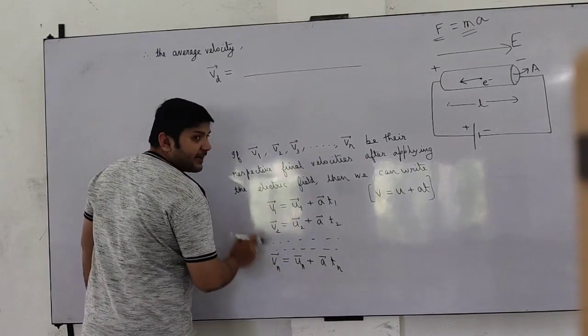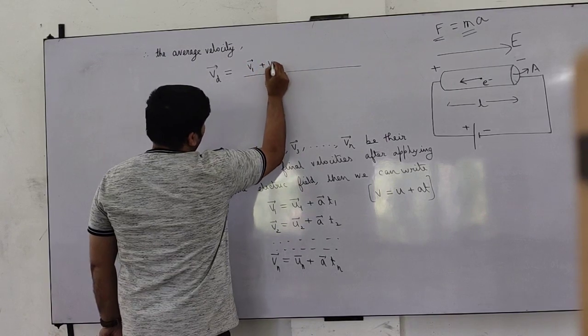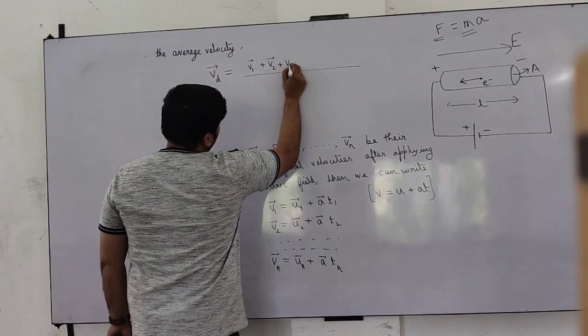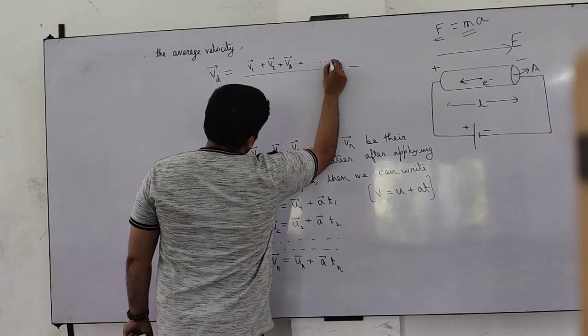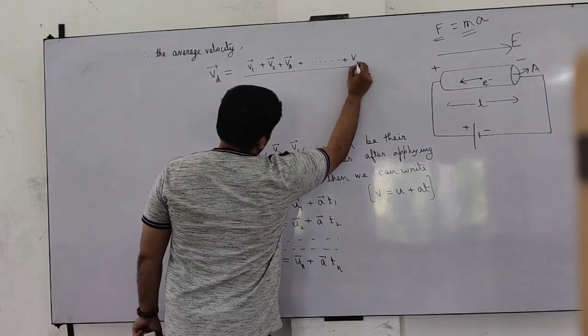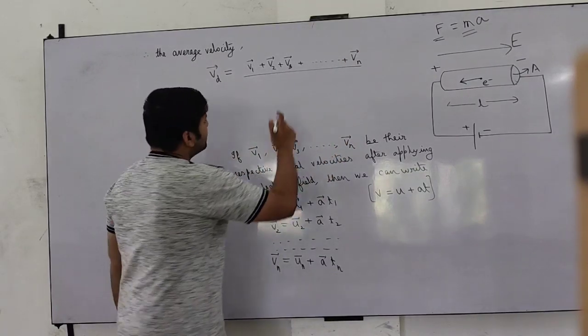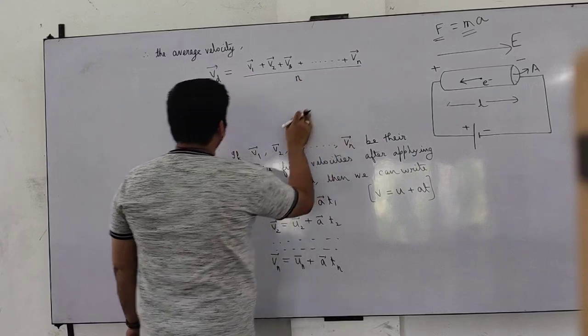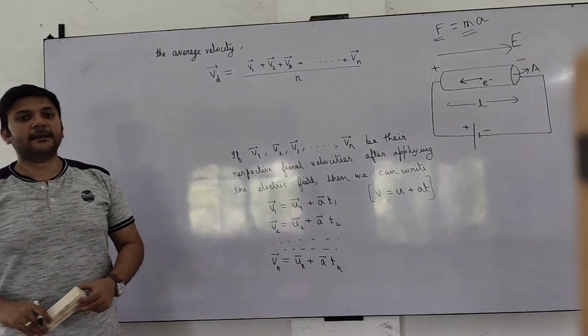These are the velocities: v1 plus v2 plus v3 plus dot plus vn. There are n electrons, so divided by n.